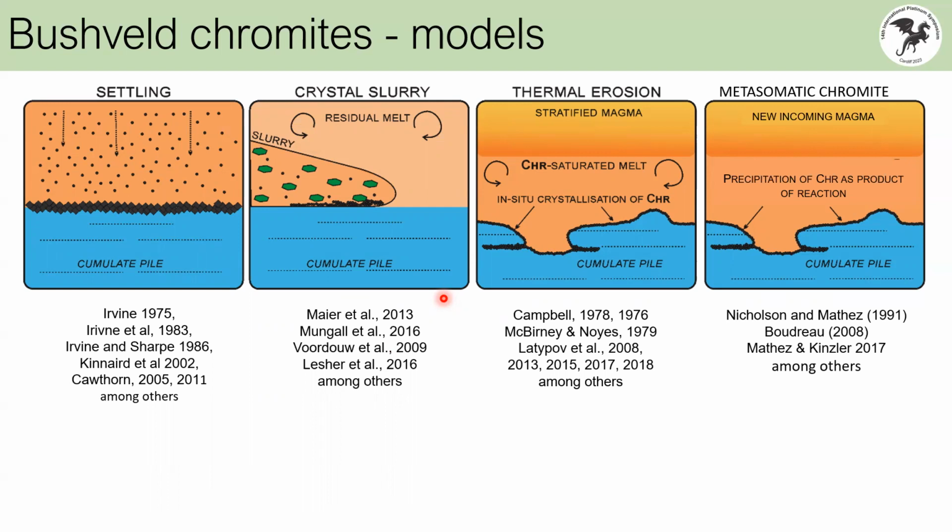What I try to do, with more or less success, is just to see what microstructure is telling us. Can we actually identify anything from this list of models? Can we see more than one process in some of the samples that we look at?